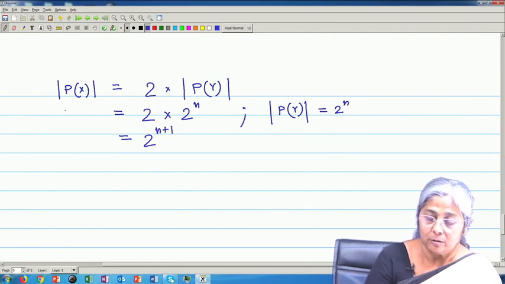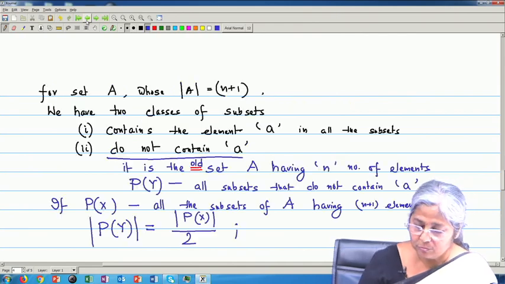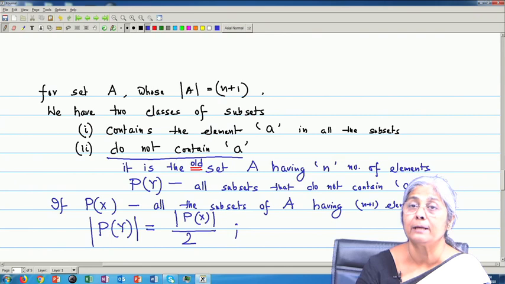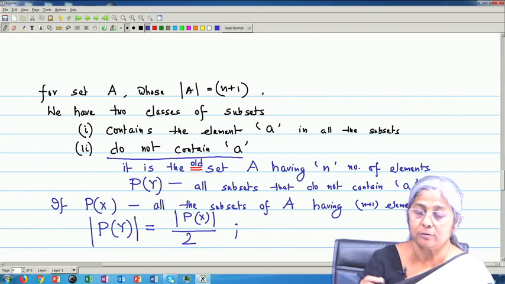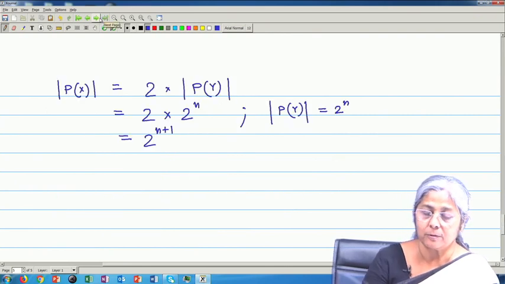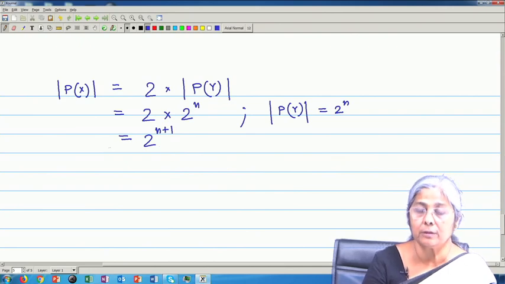So, for x, we have considered P x, all the subsets of A having n plus 1 elements, and we proved that the cardinality is 2 to the power n plus 1.